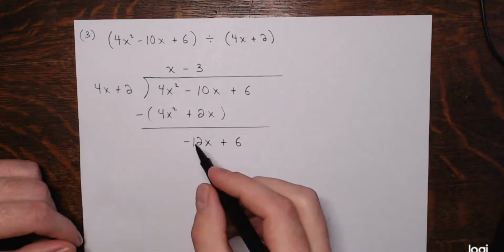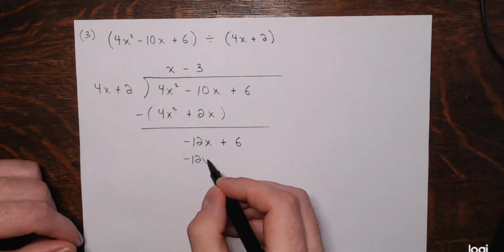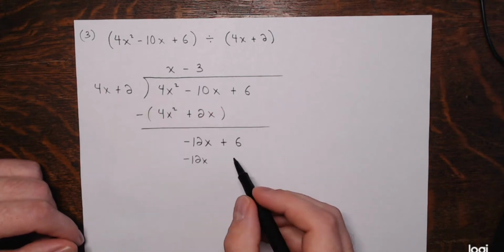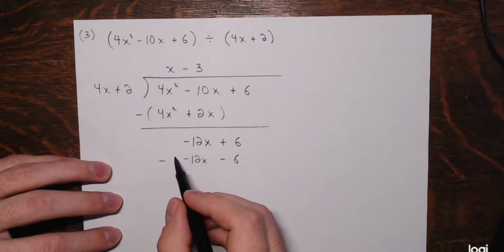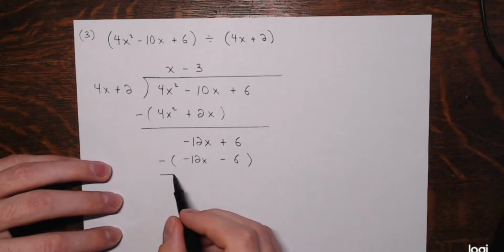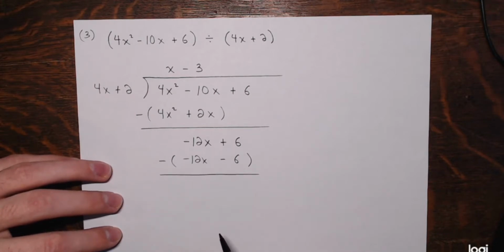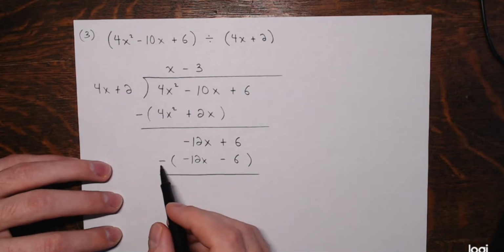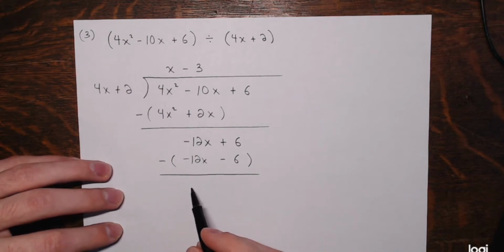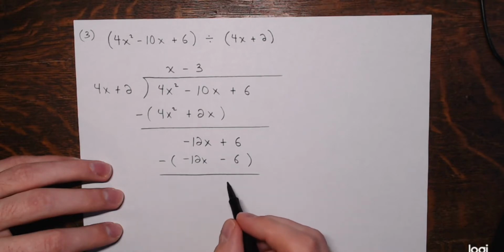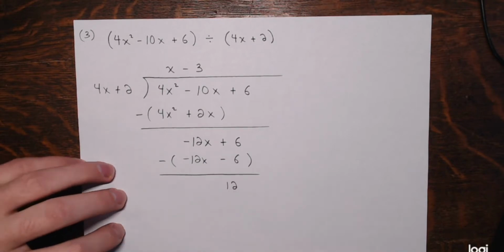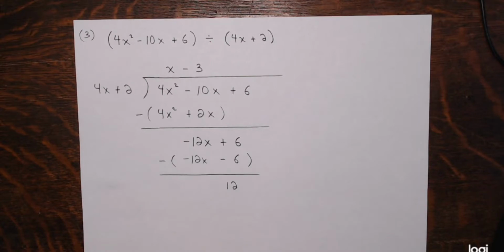That'd be negative 12x minus 6. And then subtract this entire line from the line above it. Negative 12x plus 12x would be 0. And then 6 minus negative 6 would be 6 plus 6. That would be positive 12. So the remainder is 12.